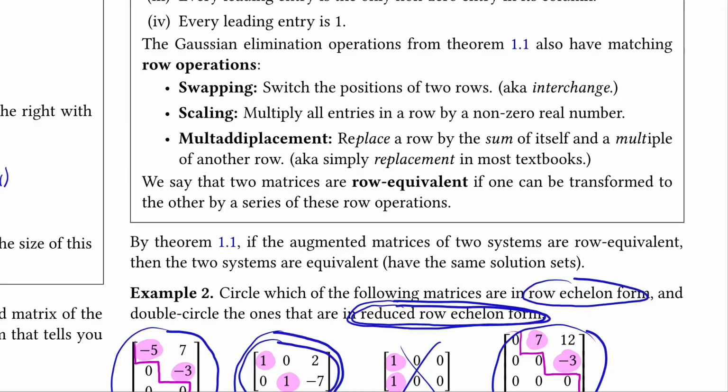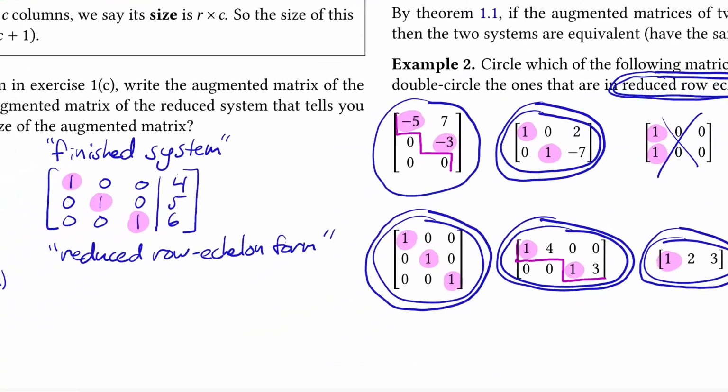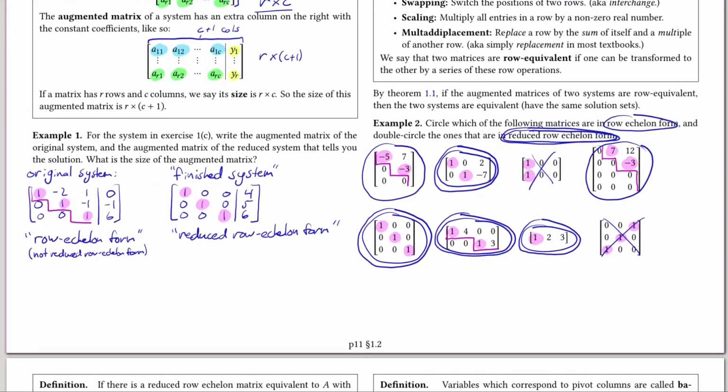And we say that 2 matrices are row equivalent if one can be transformed to the other by a series of these row operations. So for example, in example 1, these are row equivalent. I like to write row equivalent with this tilde symbol, because we could transform the first one into the second one with a series of row operations.